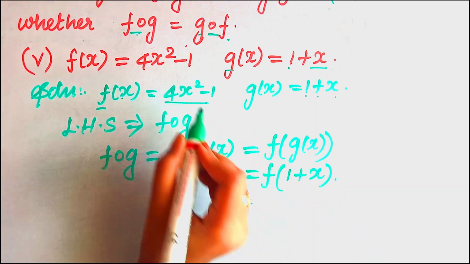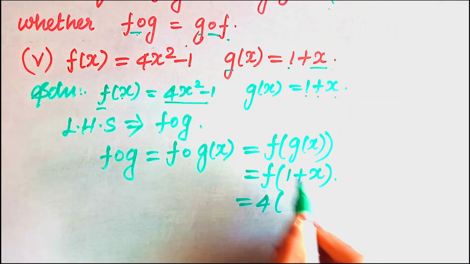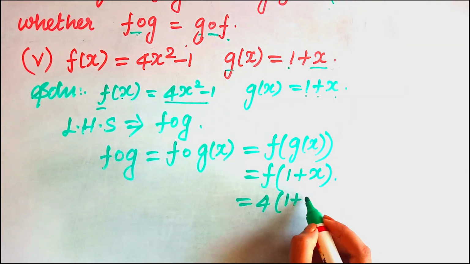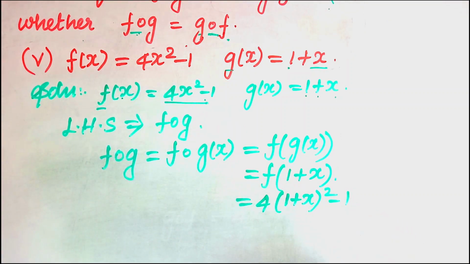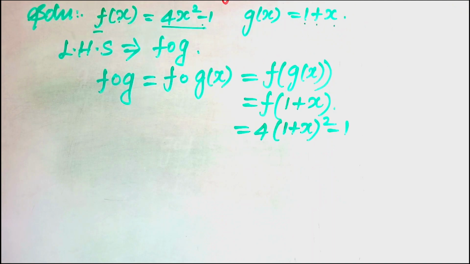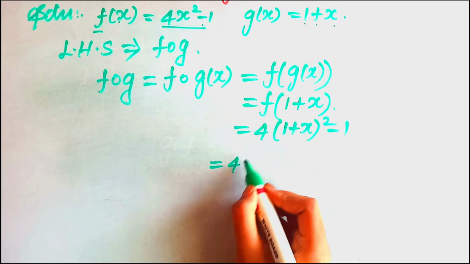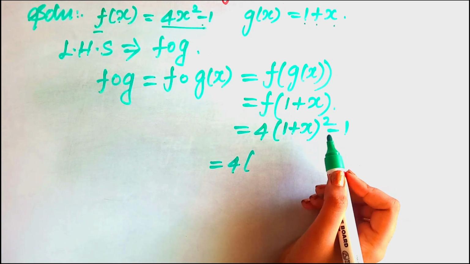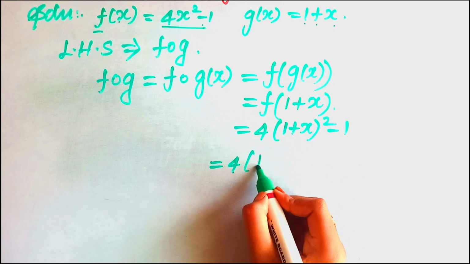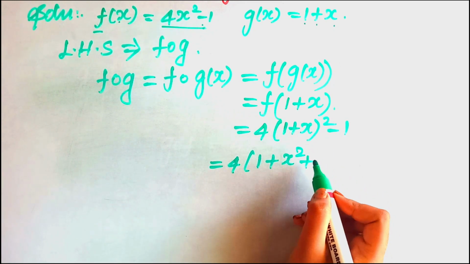Okay, now let's substitute. Here there is a 4, and then here is an x. So in the place of x you have to put 1 plus x the whole square, and finally a minus 1, right? Now let's solve this. So we'll get 4 into 1 plus x the whole square. The formula is a plus b the whole square: a square, which is 1, plus b square, which is x square, plus 2ab.